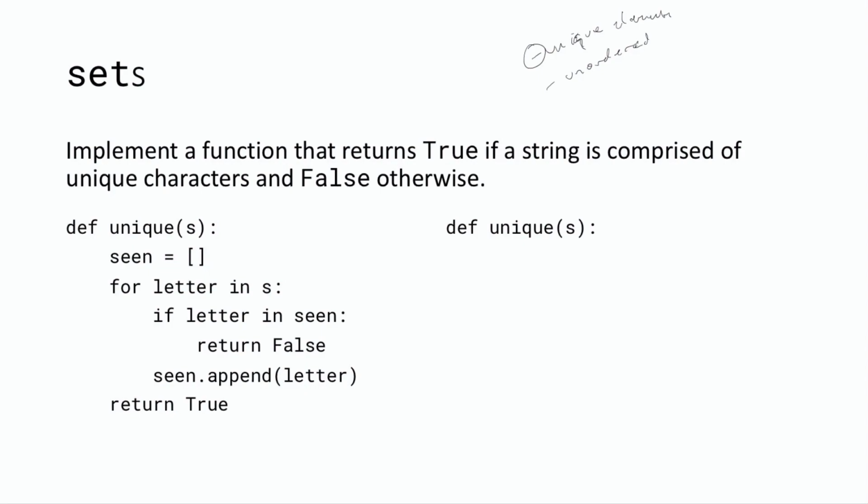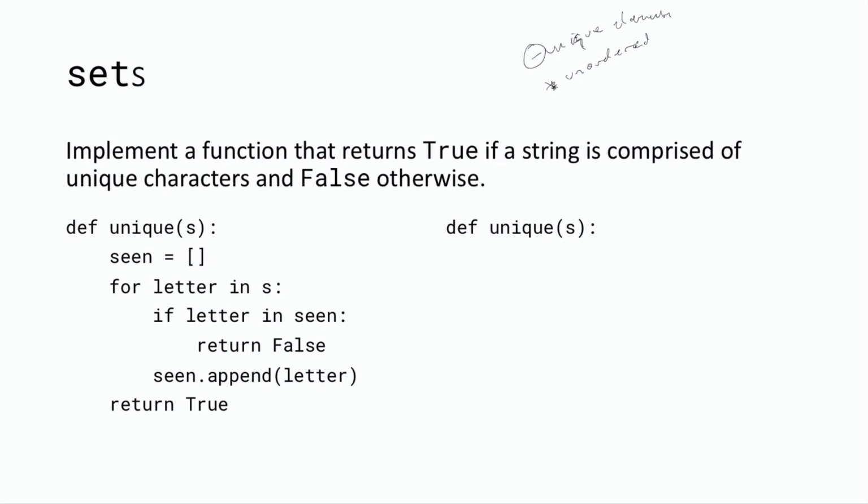Now, the second fact is actually kind of a problem that you can run into, and it's that sets are inherently unordered. If you add elements to a set and then try to loop through it, it may not be in the order that you're expecting. The order can't be guaranteed, and you can't index a set at particular values.